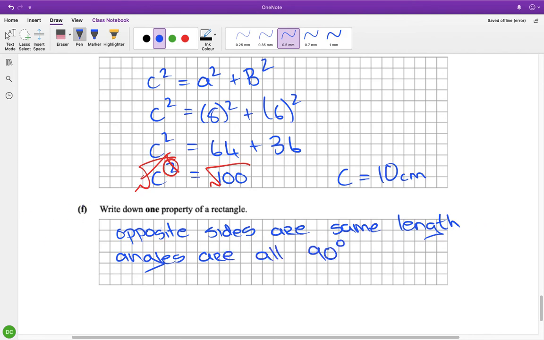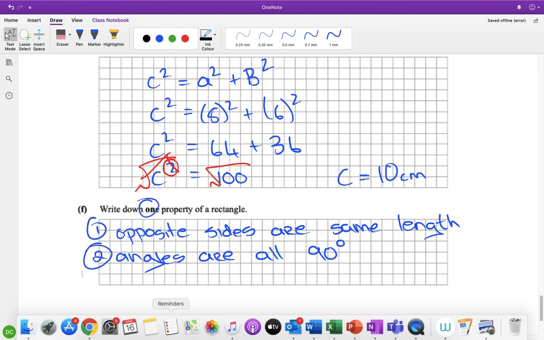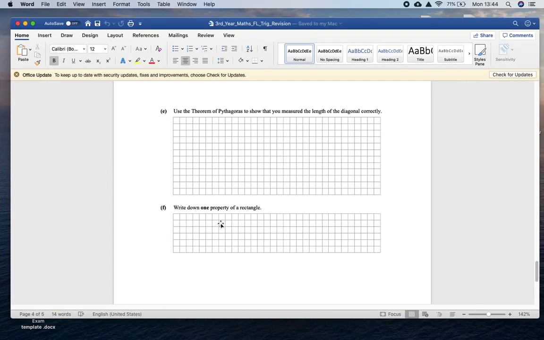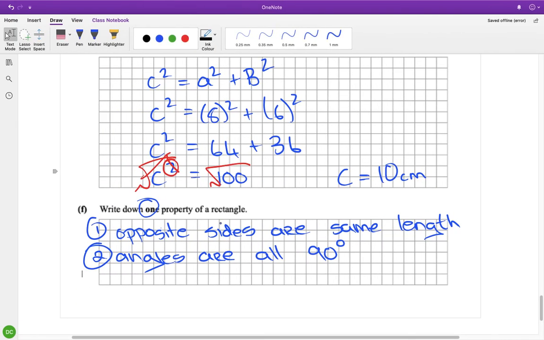Now, you wouldn't have to say both. You only need one property. So there's 1 and there's 2. Doesn't really matter. So a property is something about a shape that is kind of characteristic of that shape. So what does every single rectangle have in common? They would all have 2 sides the same, like top and bottom are the same, or left and right are the same, so opposite sides are the same, and they all have 90-degree angles. Their corners are all 90. Alright, that's it.